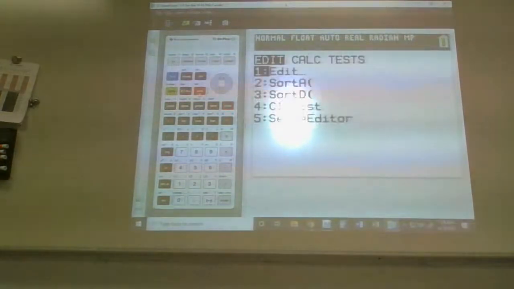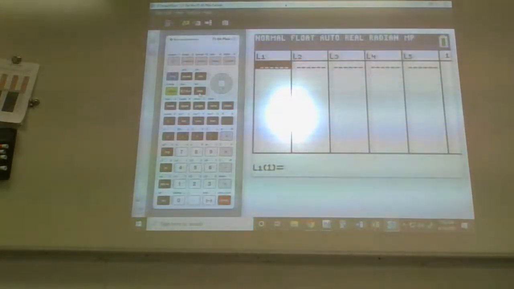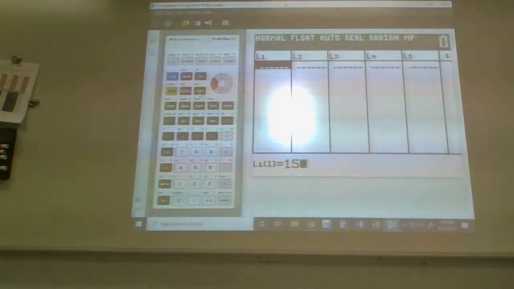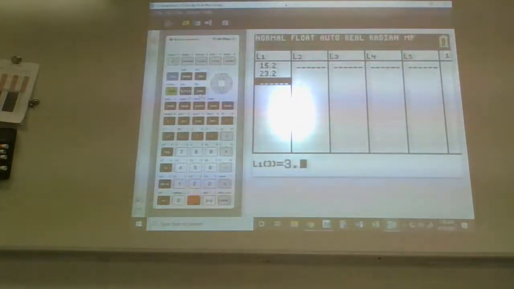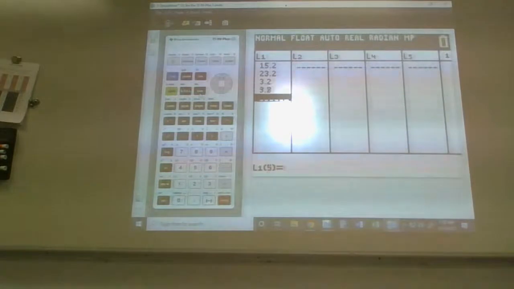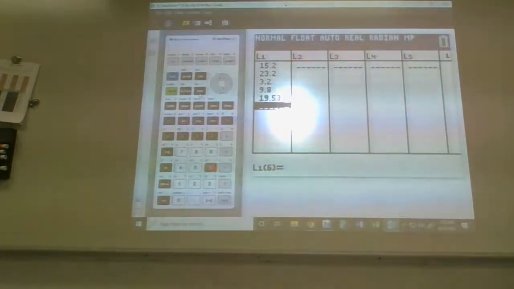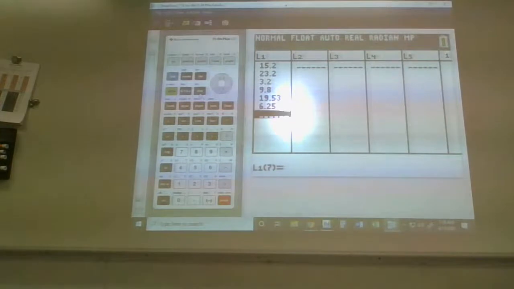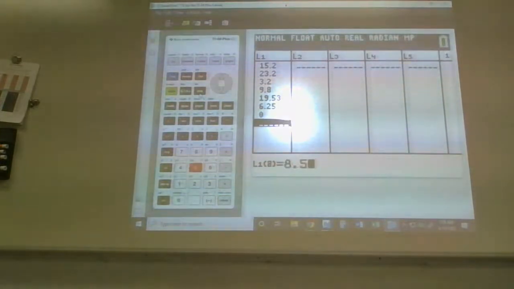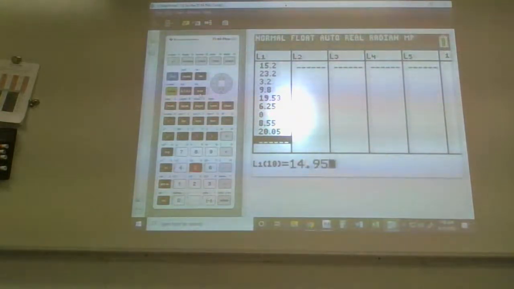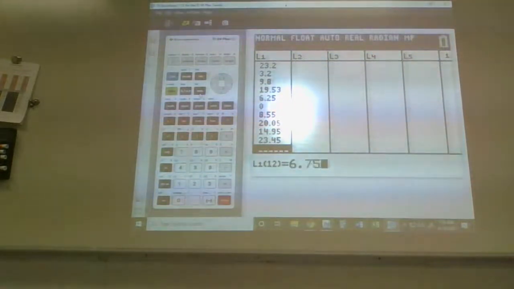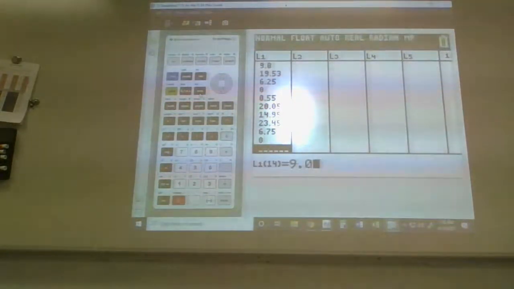Cool. Stat, Edit. And I'm going to be typing in the following numbers. Where's number 22? There it is. 15.2. 0.2. 23.2. 3.2. 9.8. 19.53. 6.52. Or 25. 0. 8.55. 20.05. 14.95. 23.45. 75. 0. 9.91.